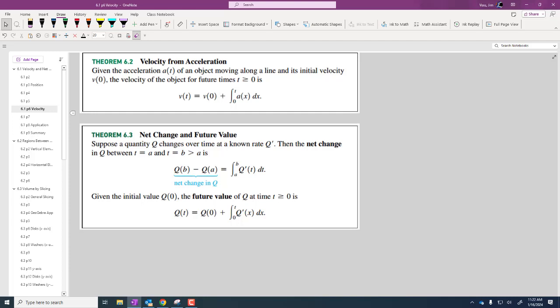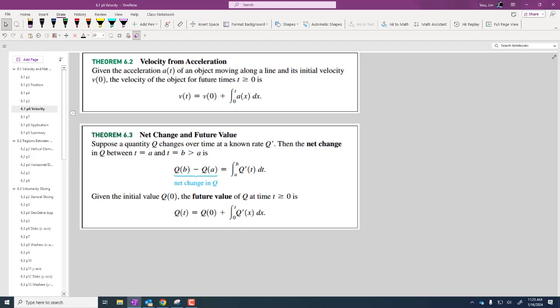So the future velocity, or the velocity at time t, is the initial velocity plus, now we don't use the word displacement here, we're thinking of this as the net change in velocity. The integral of acceleration is going to give us the net change in velocity. Could be positive, could be negative, who knows. But same idea. So instead of S and V, we have V and A.